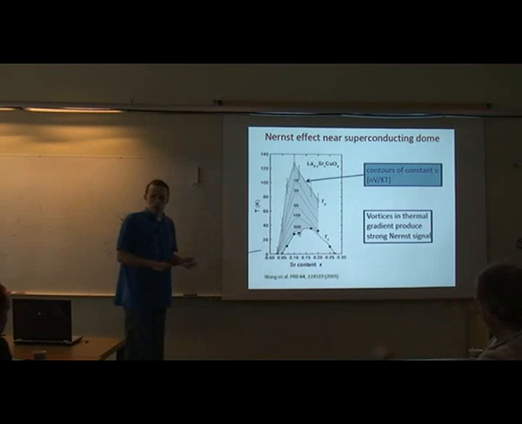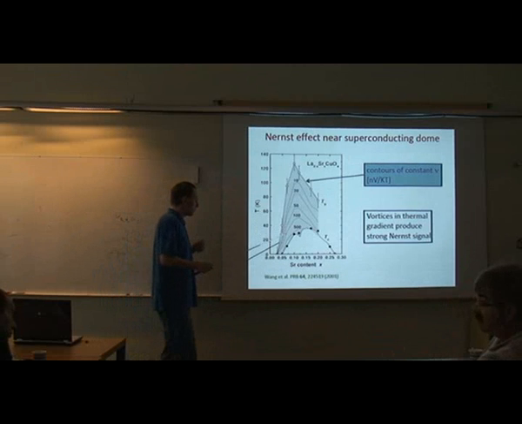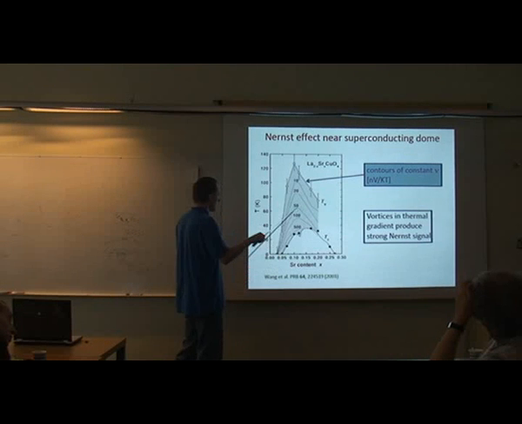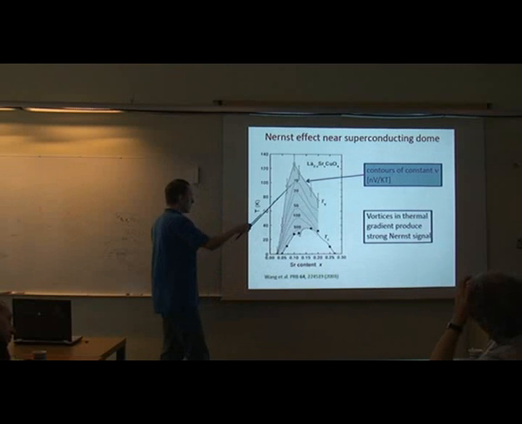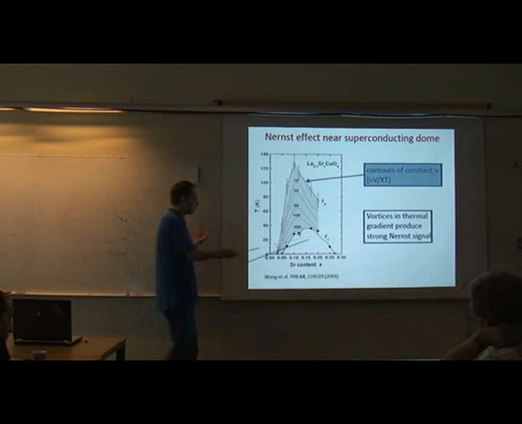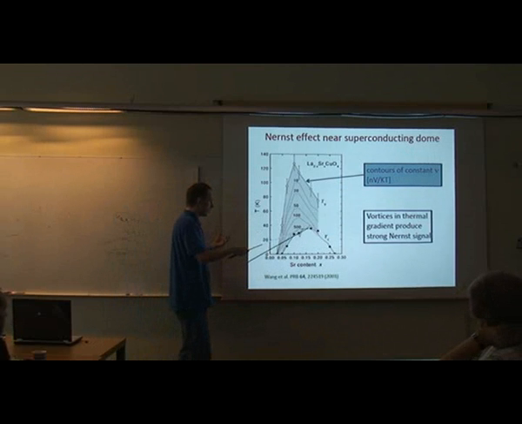Now you can see the contours of constant Nernst signal, which are all these dashed lines, and the magnitude of this signal is very rapidly increasing towards the phase boundary. This tells us that close to the phase boundary you have a very strong origin of a Nernst signal.